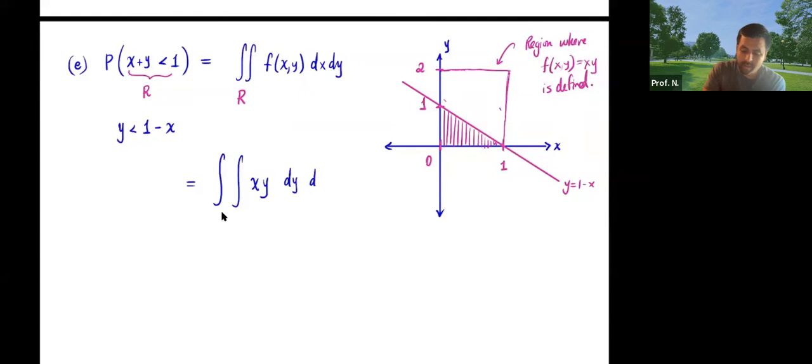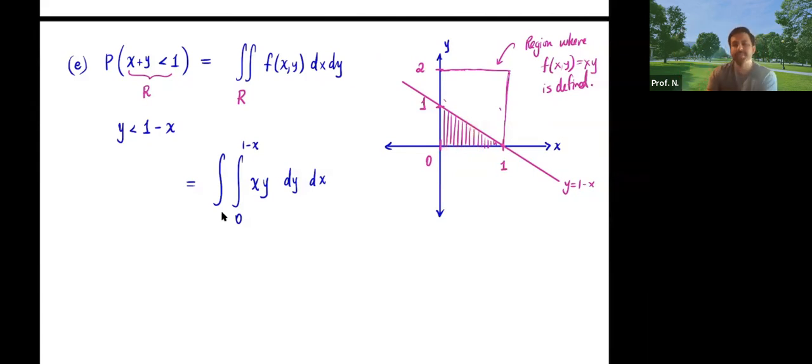The inside integral will be with respect to y, and the outer with respect to x. And so if I cut a slither of this, the y values of this slither range between 0 and 1 minus x. For every x that I go over, the y values go from 0 to 1 minus x. Do you guys see why we have to do that?